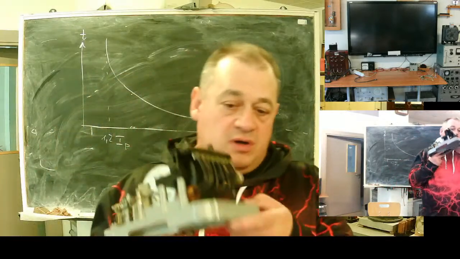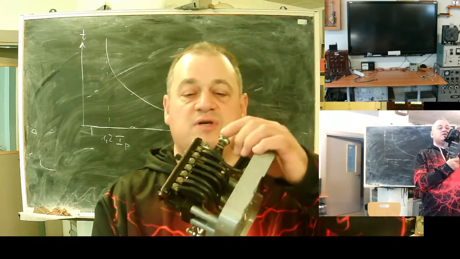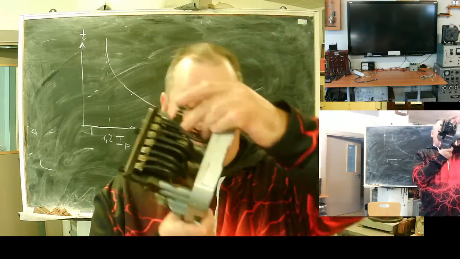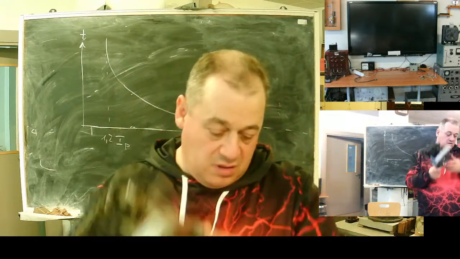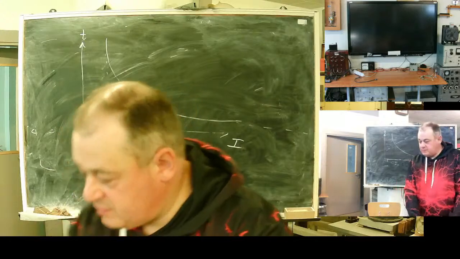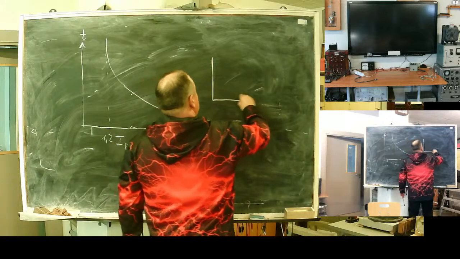Exactly this type of relay is more complex. They also have a second arm. The magnetic system has 3 legs.